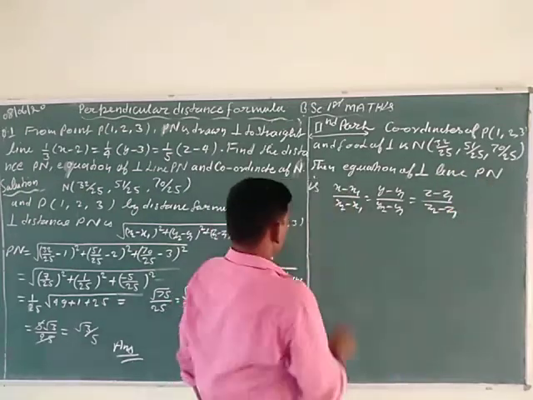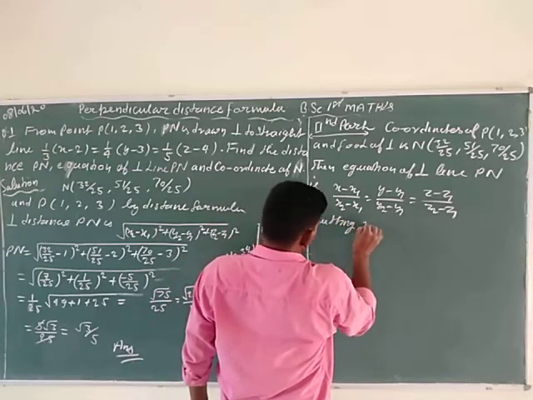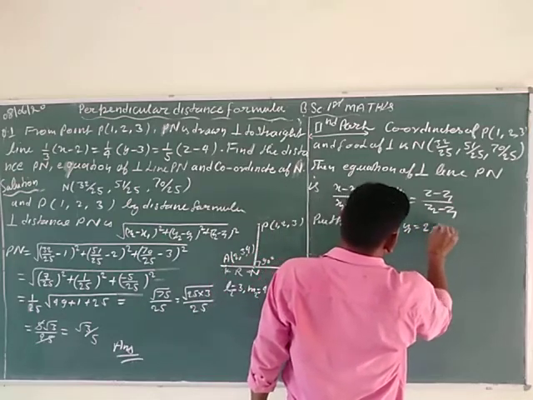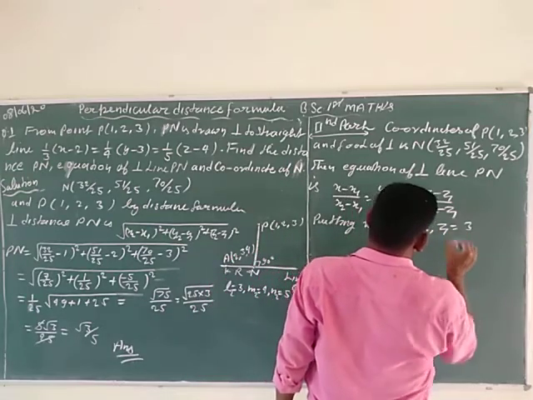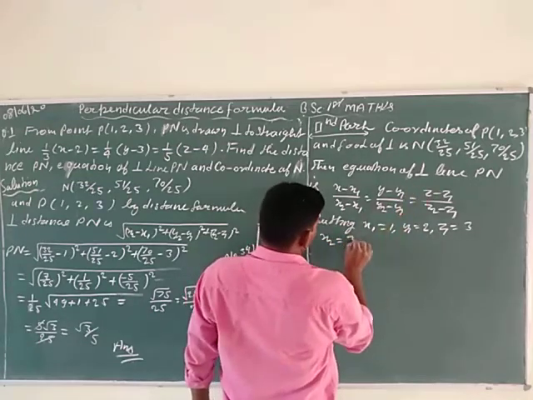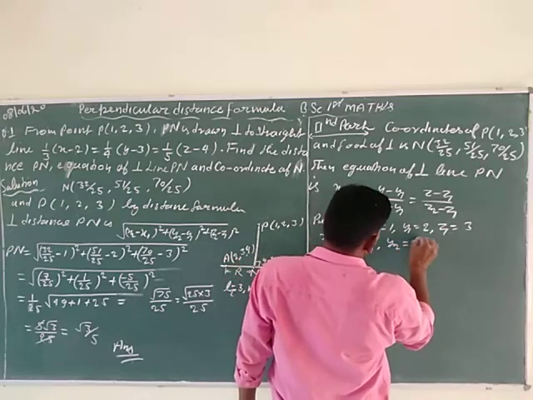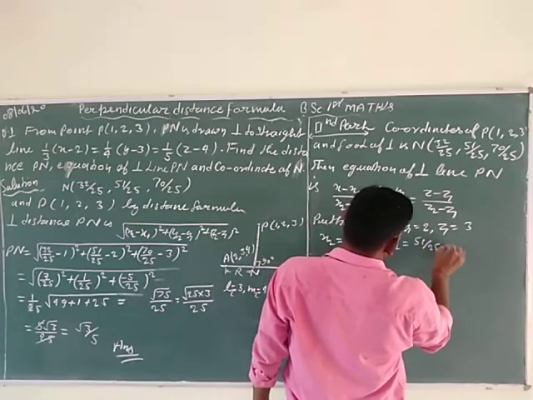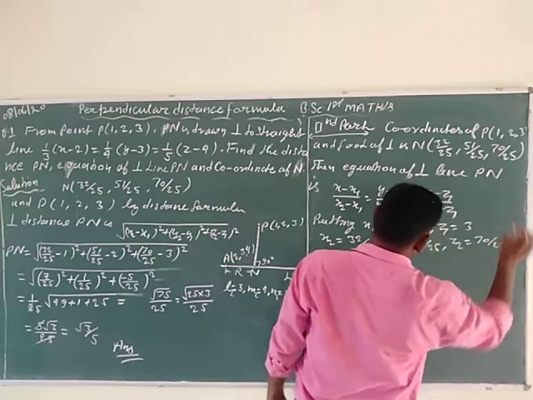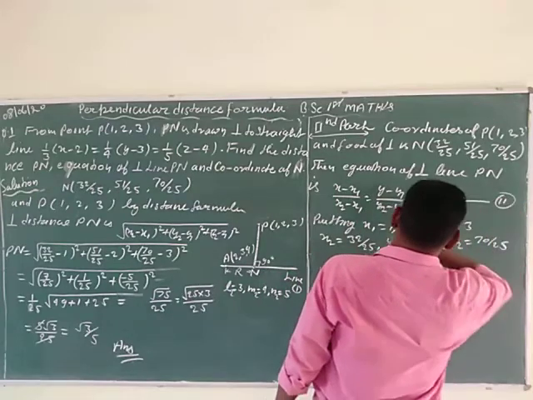Therefore, putting x1 is equal to 1, y1 is equal to 2 and z1 is equal to 3. After that, x2 is equal to 32/25, y2 is equal to 51/25 and z2 is equal to 70/25. Putting these values in the equation above.